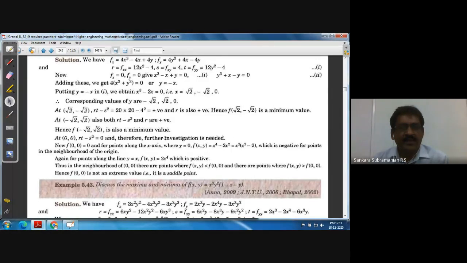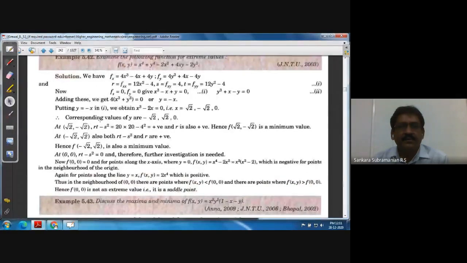It is a minimum value. All right, x is equal to plus root 2, minus root 2, and 0. You have three values. At this particular point, root of 2, minus root of 2, we found that this is positive, and therefore this is a minimum value.